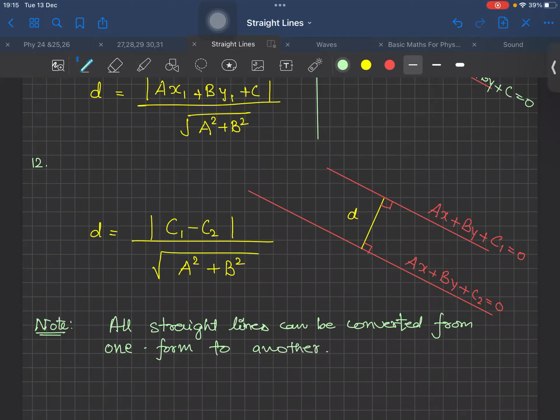That means these different forms are just manipulations, and all the values can be extracted. The general equation of a straight line is ax plus by plus c is equal to 0. So this is the general equation of a straight line.